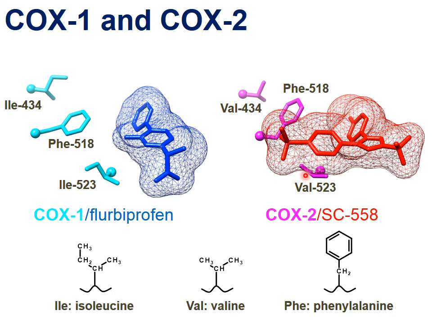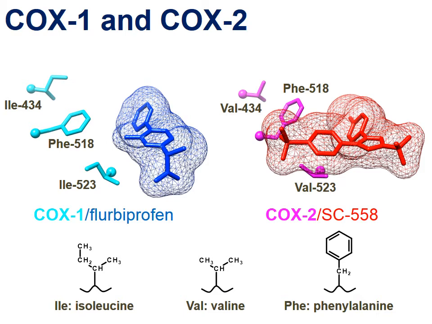So they contain 2 valines instead of isoleucine and a phenylalanine. And as you can see here in this diagram below, the valine residues found in COX-2 are slightly smaller than the isoleucine residues found in COX-1. So this pocket in COX-2 is slightly larger than the comparable pocket in COX-1.